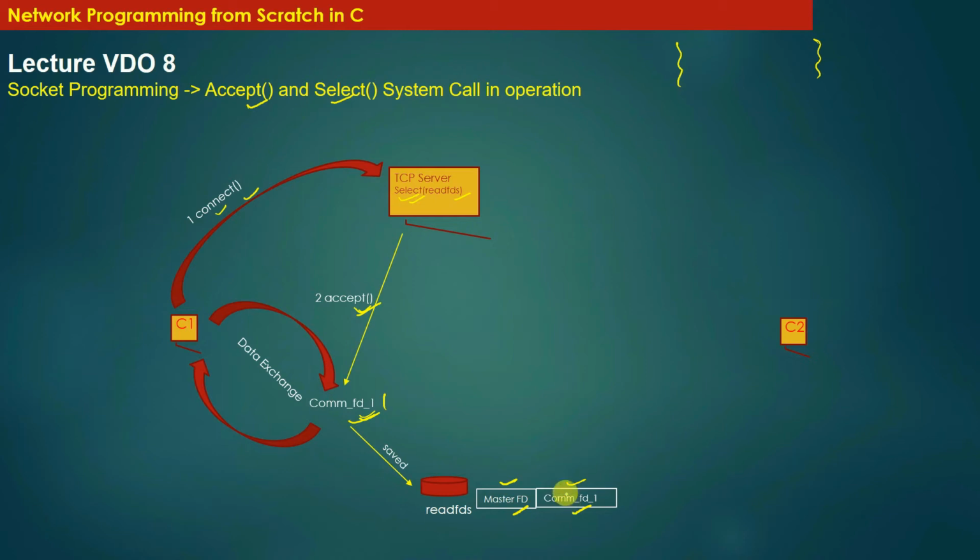It means that at this point of time, the server is monitoring the arrival of new connections from new clients, as well as the arrival of new data requests from the existing client C1. So the server is doing both things, because in the read FDS set there are two file descriptors, and the select system call is monitoring both.